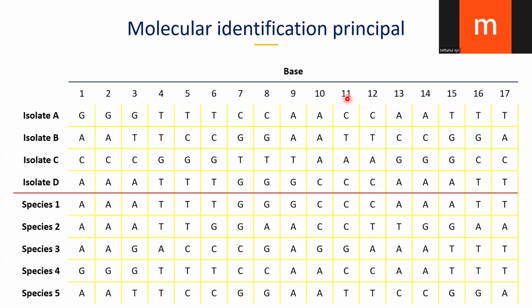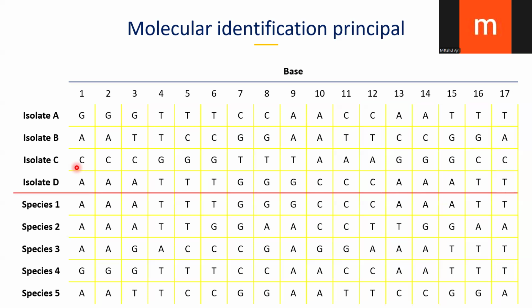Isolate B, A, A, T, T, C, C. And here we have a database, knowing the nucleotide sequences in a specific region. For example, for species 1, the nucleotide sequences are AAA, TTT, GGG.